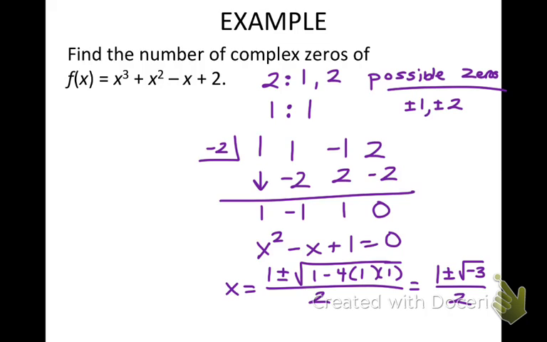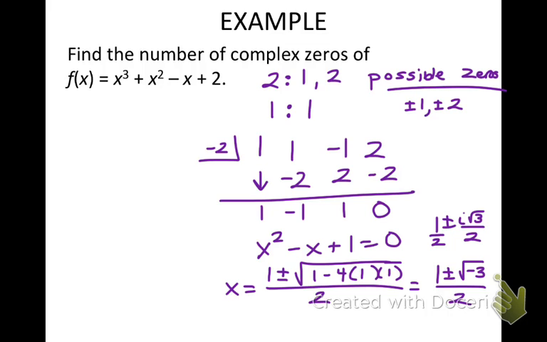What does that turn into? I root 3. I'm going to work up because I'm running out of space. So now we have 1/2 plus or minus i root 3 over 2. That's what this is turning into. How many zeros do we need to have for our answer? 3.